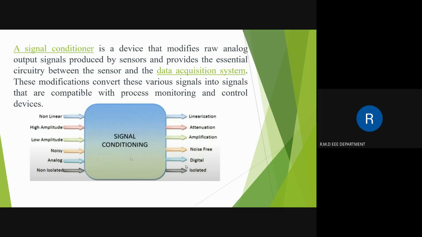Impedance matching. In the equipment, there is an arrangement between the input and the output impedance, which has to have impedance matching. In order to prevent the loading effect of the transducer and to maintain a high signal level at the recorder end, we need this impedance matching.